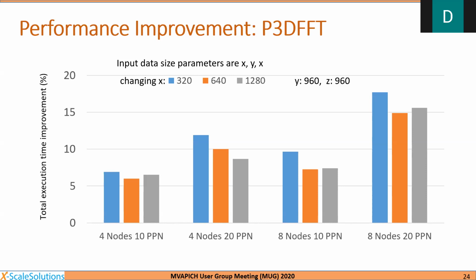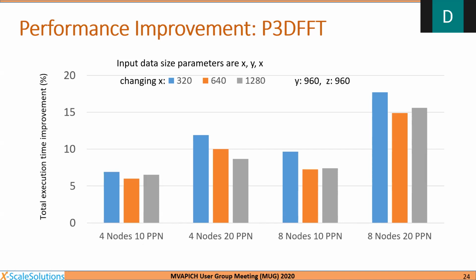As you can see, this shows the improvement in overall execution time compared to without offloading. We show it here with 4 nodes as well as 8 nodes, and with a smaller number of processes per node as well as a larger one: 10 and 20 on both of these configurations.